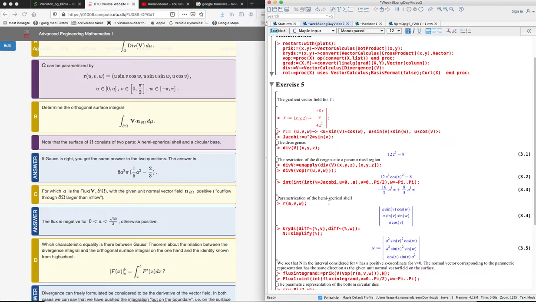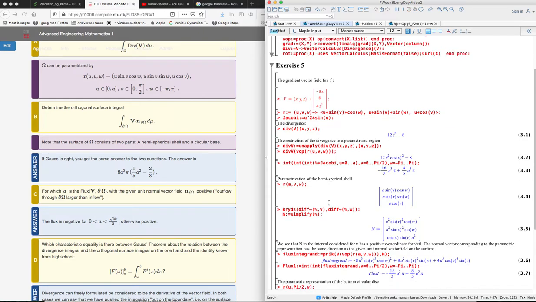If we then take the dot product between our vector field restricted to the surface of the hemisphere and this normal vector, we get this value for the integrand, and then we can evaluate the flux. You see, this is actually equal to the result we have up here.